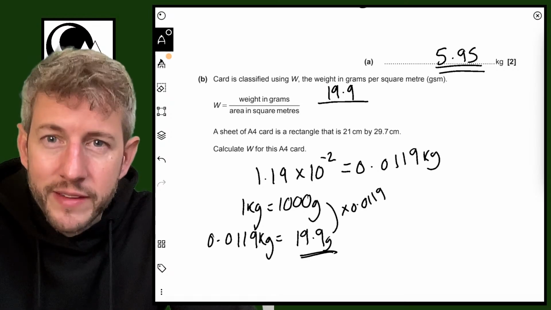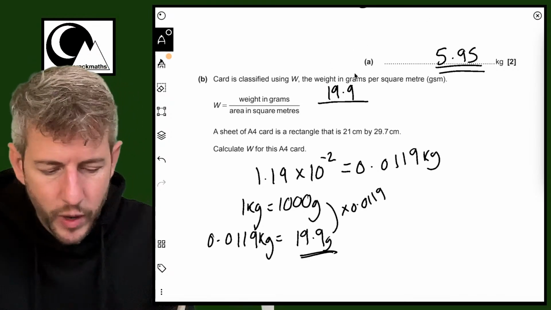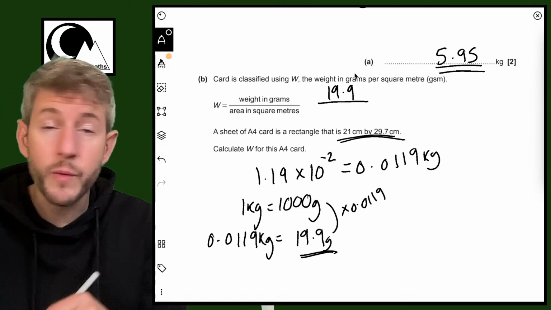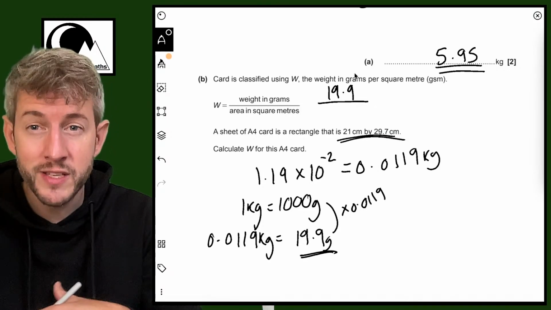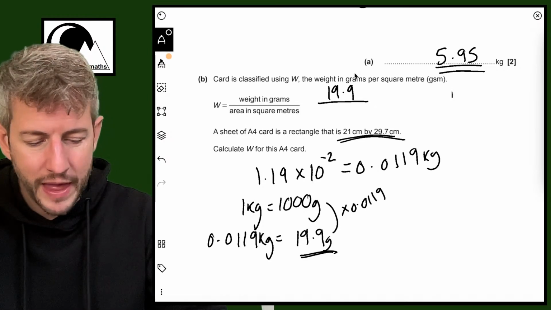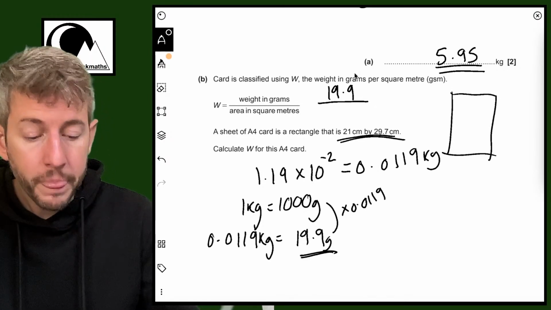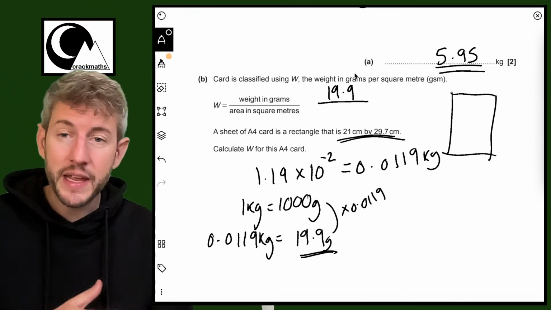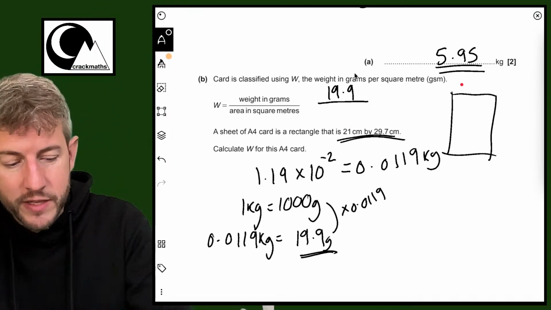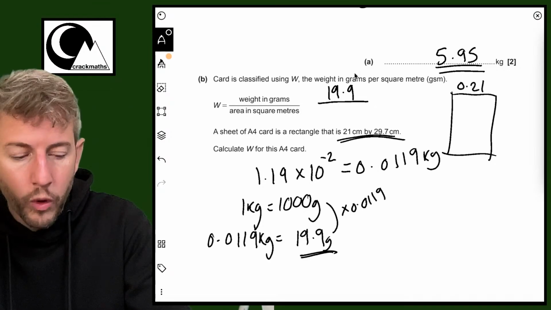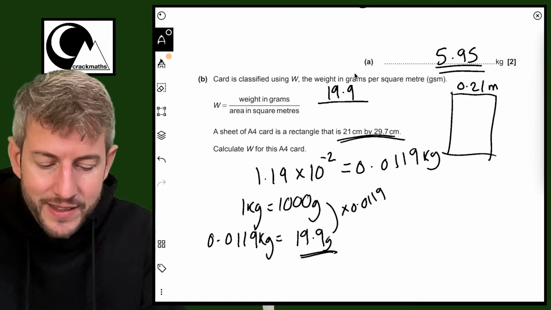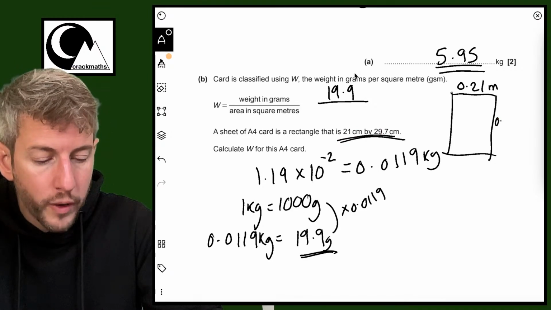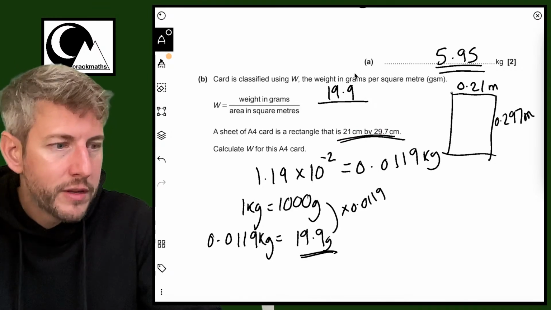The next bit we need to do is our area in square meters. So currently these are in centimeters, so we just need to turn them into meters first before we find out the area of the page. So 21 centimeters, well, 100 centimeters makes up a meter. So 21 centimeters is 0.21 meters, and 29.7 centimeters is 0.297 meters.